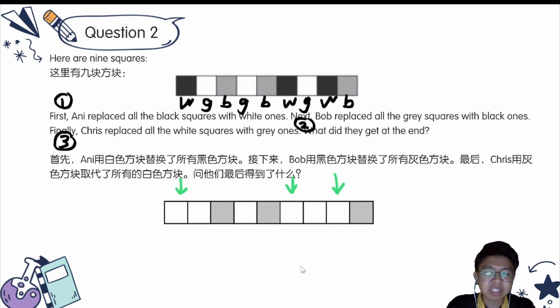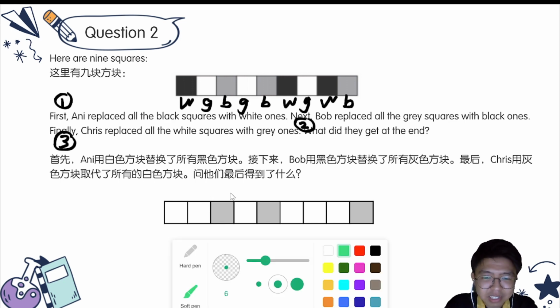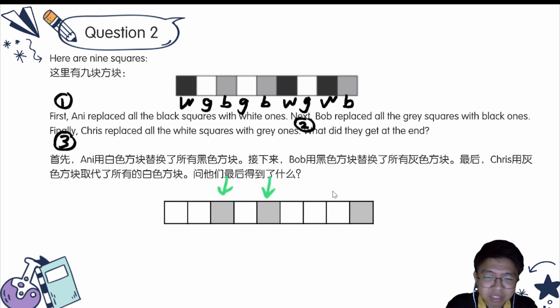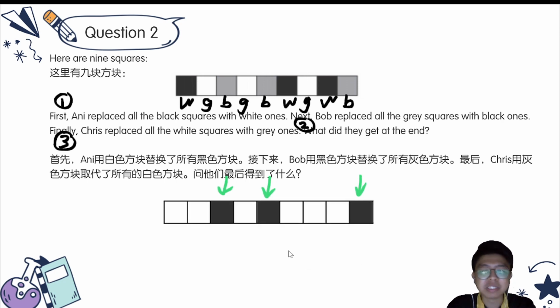So this is what the squares will look like after the first step. And next, for the second step, Bob replaces all the gray squares with the black ones, which you can see here. These 3 gray squares will be replaced with the black ones. Okay, so this is what the result will look like after the second step.